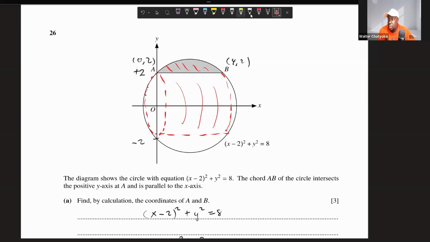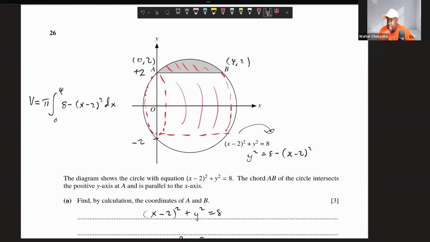So essentially, for the volume required, it's π times the integral from 0 up to 4. These are the limits for x values for A and B. Of y², and y² is actually 8 − (x − 2)², with respect to x.